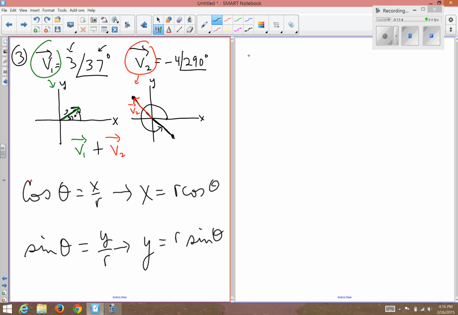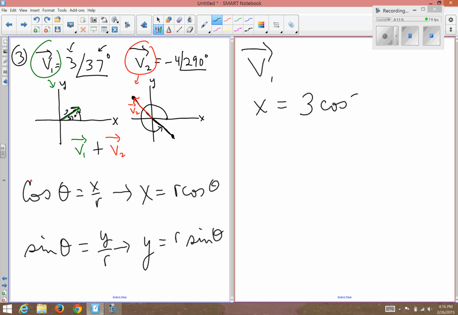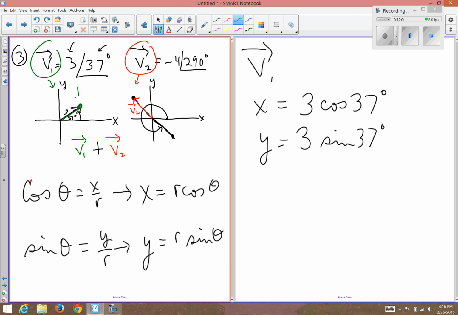So for vector 1, x is equal to r cosine theta, and y is equal to r sine theta. Those are the x and y coordinates of this point right here, that point.